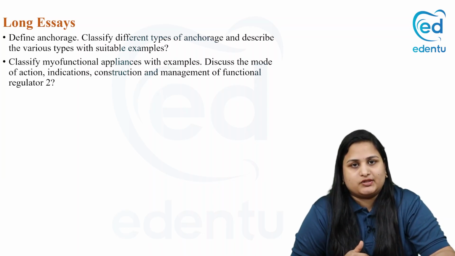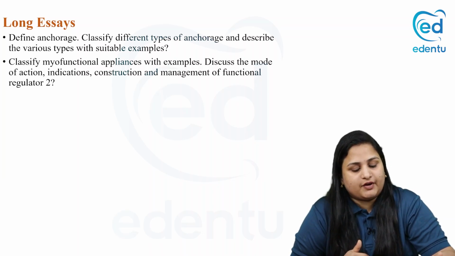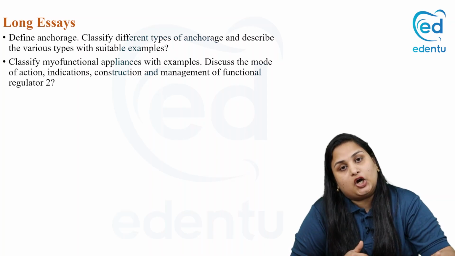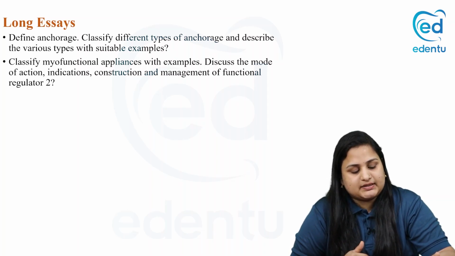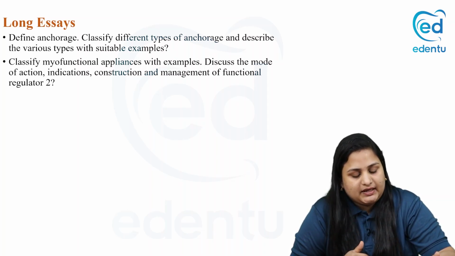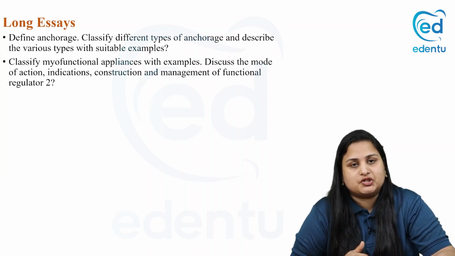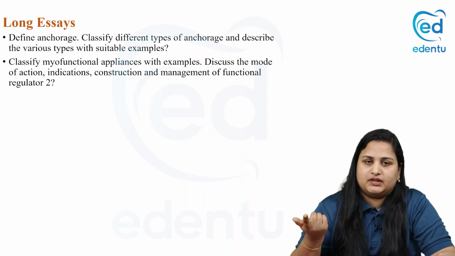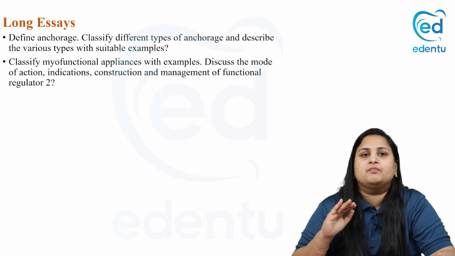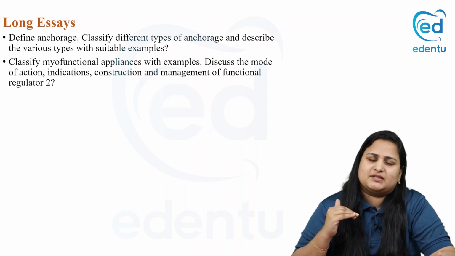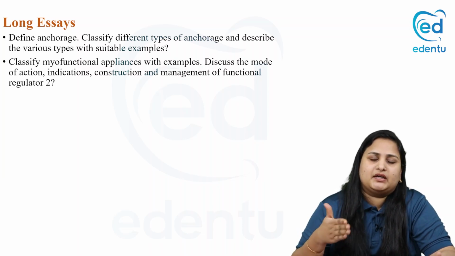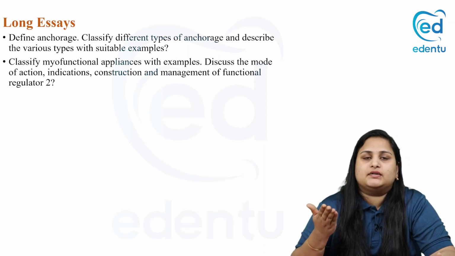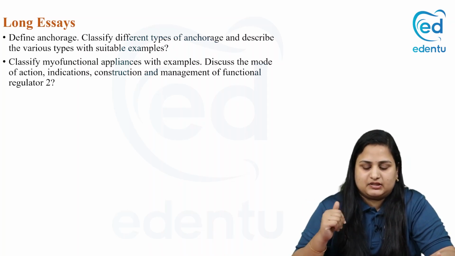Now the next question of interest is: classify myofunctional appliances with examples, discuss the mode of action, indication, construction and management of functional regulator 2. So first is a clear-cut definition of what you have to know about removable appliances; functional appliances have been continuously asked, a repeated mode of questioning, with the proper examples associated with it.